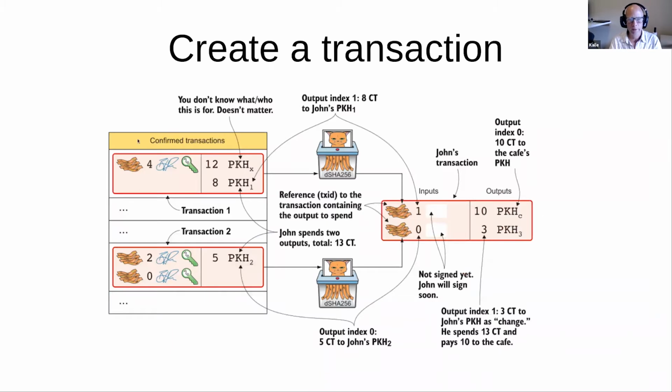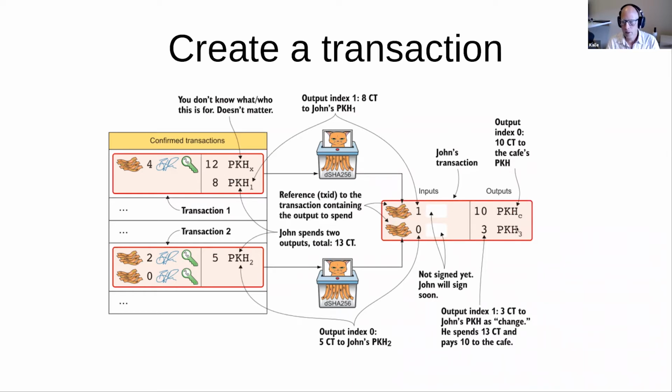So on your left here you have a number of transactions that I zoomed in on a bit. Let's call them transaction 1 up here and transaction 2 down here. And then when John wants to buy a cookie from the cafe, he needs to create a new transaction like this on your right.